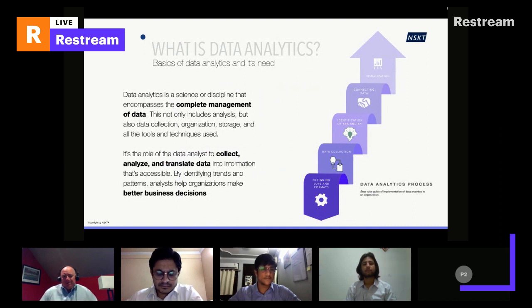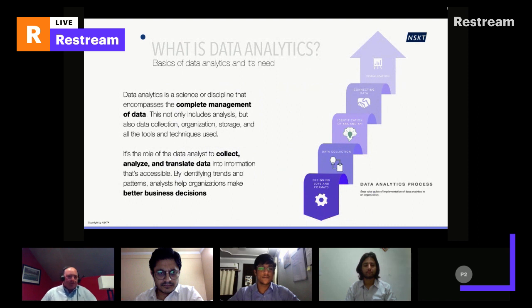So first of all, when we think about data analytics, it's definitely a science. It's not an art. Many times our decision making in the past has been more of an art and speculation. With data analytics, we can turn those decisions into science, and it's going to be data driven.